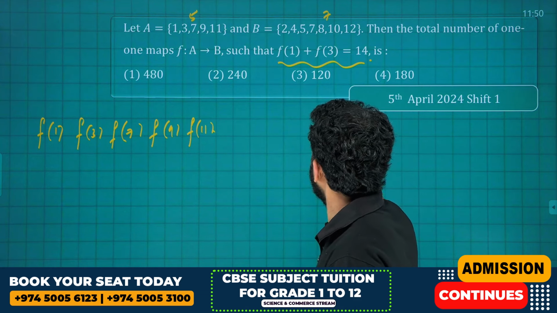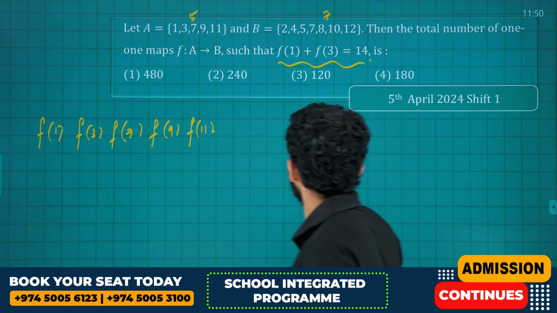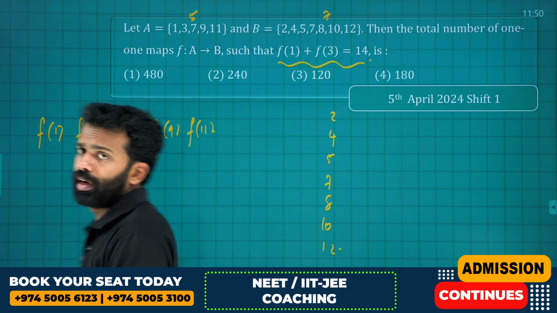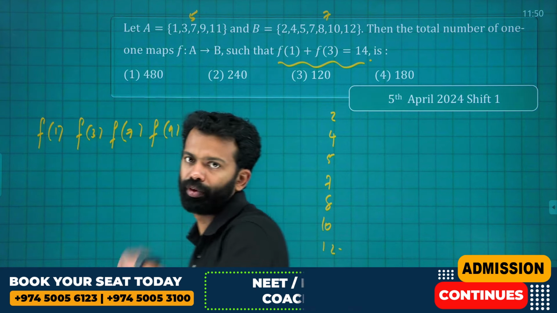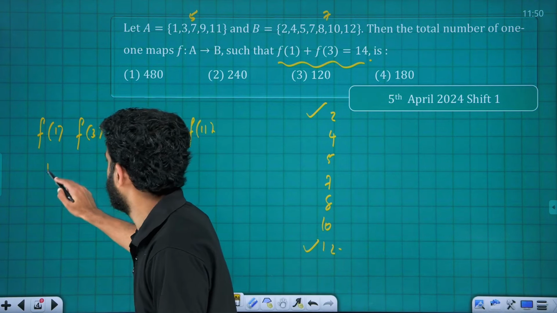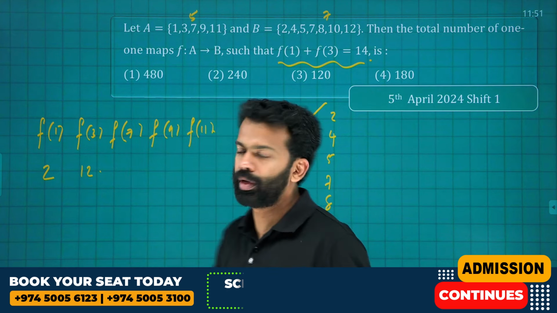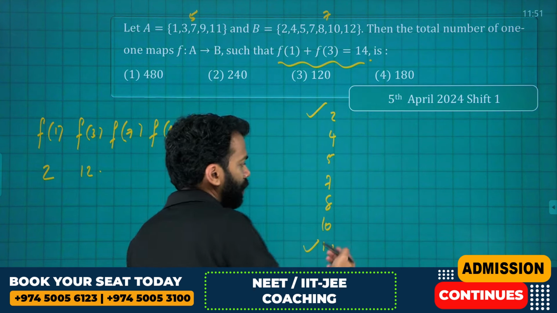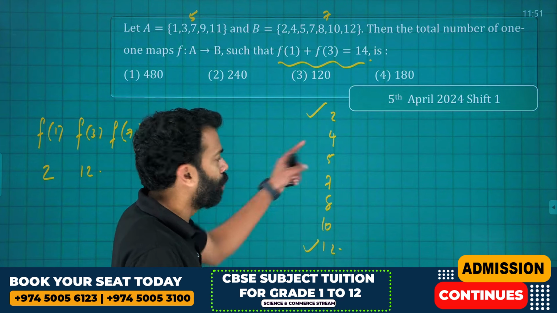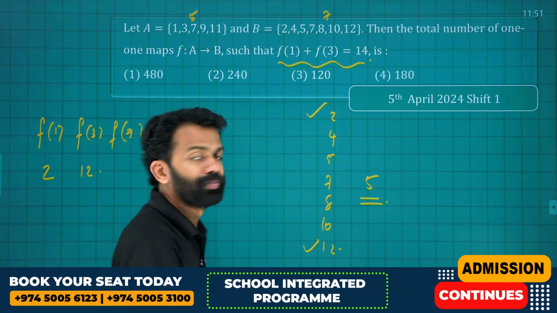The elements in the codomain are 2, 4, 5, 7, 8, 10, 12. Which values can be assigned to f of 1 and f of 3? 2 and 12 can be assigned, right? So here it is 2 and here it will be 12. We already took 2 elements from here, and 5 elements are left. Those 5 elements can be distributed here.